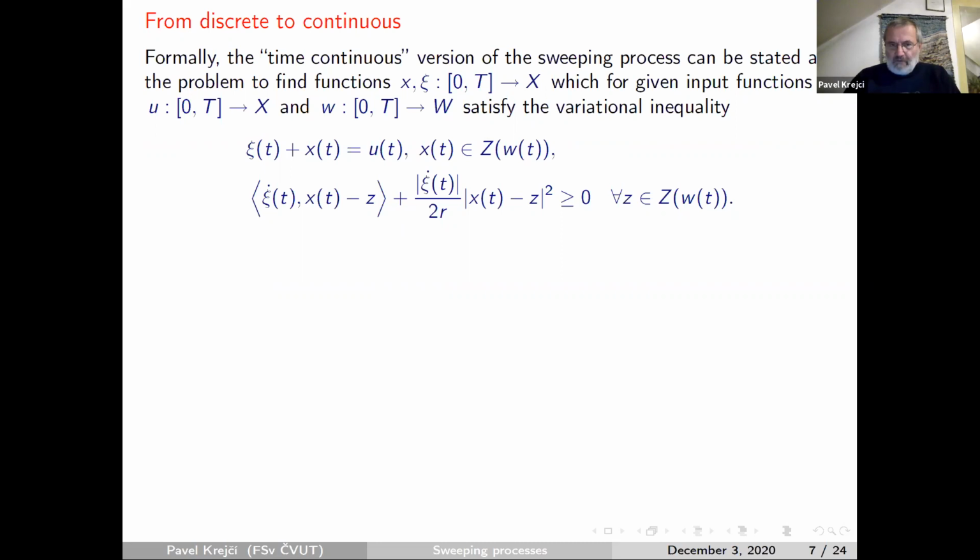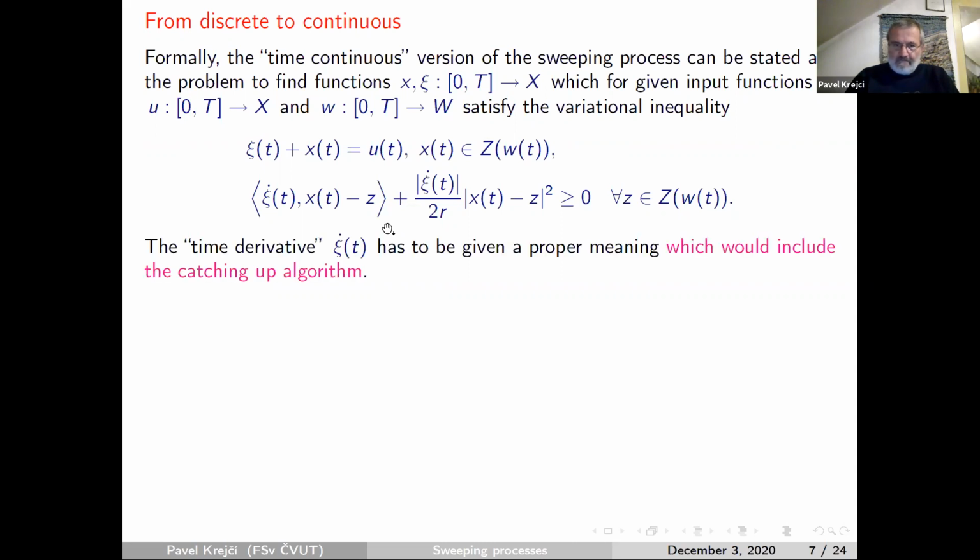And actually, I don't want to pass to the limit. I would like to find a formulation of the sweeping process which would include both the continuous version and the discrete version. For this reason, I have to give a proper meaning to the time derivative in quotation marks.